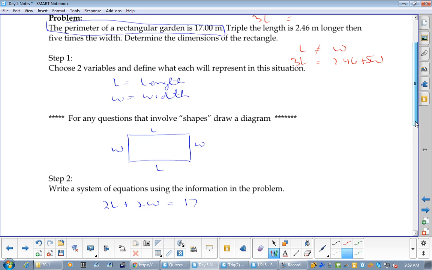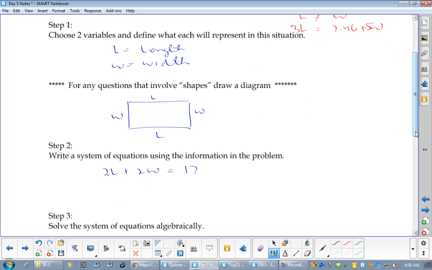So I got 3L equals 2.46 plus 5W. Now, what was the very first thing that I said when we did these? We need to line up the equal signs, we need to line up the L's, and we need to line up the W's.